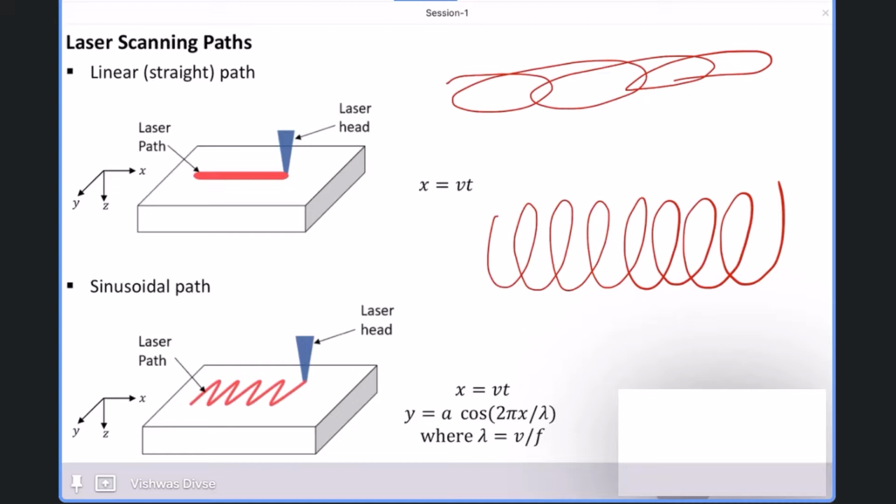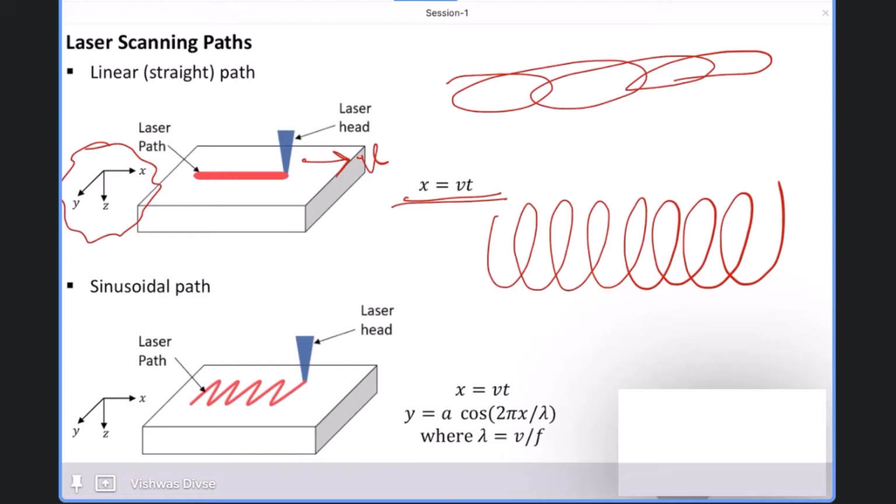As for the linear path, it is very straightforward, because as I have shown in the coordinate system, x is along the scanning path. So our laser has only one velocity, that is v, along the x direction.